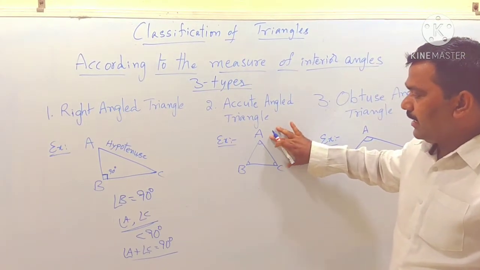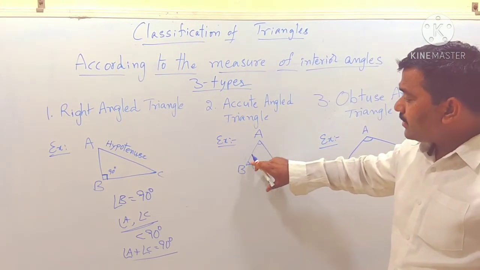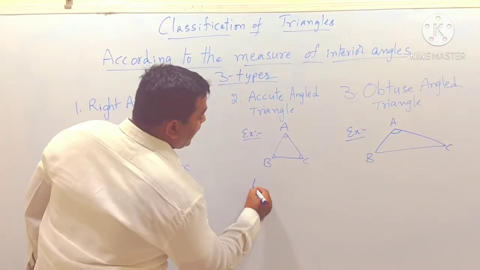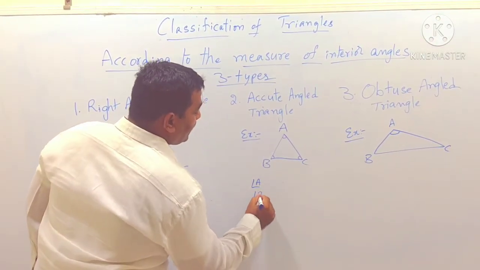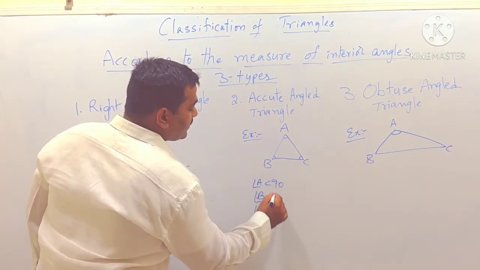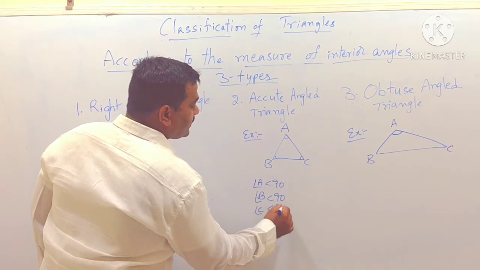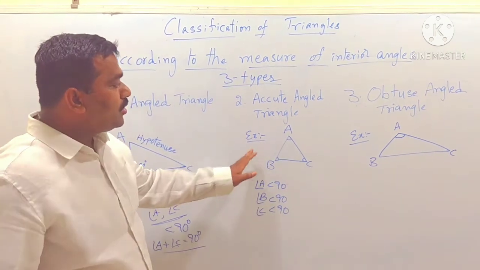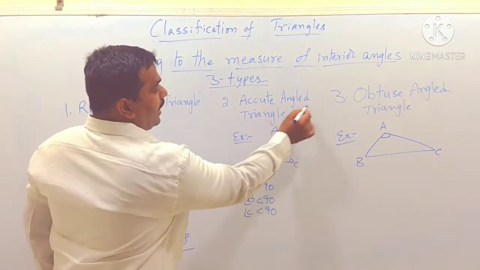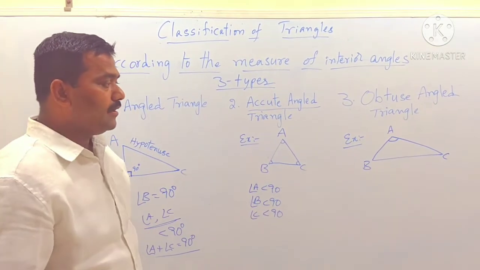In this triangle, all the three angles, that means angle A, angle B, angle C, are all less than 90 degrees. So, this triangle is called an acute angle triangle.